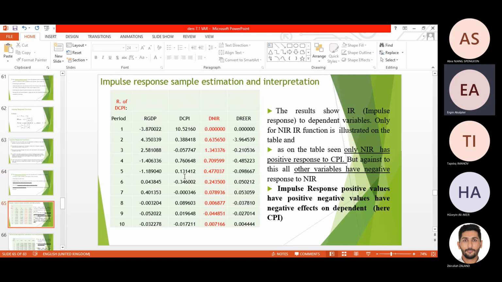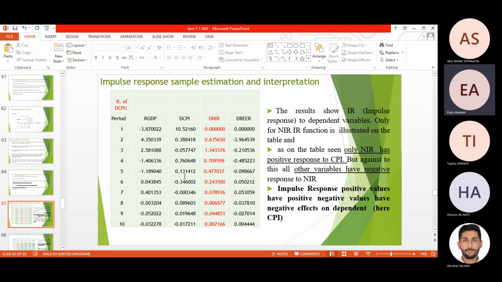The impulse response example is interpreted here. As you see, the results are similar to the example I gave you in the last lecture. The results show here the impulse response of the dependent variable. Here, as I mentioned, the nominal interest rate is represented and illustrated in the table.